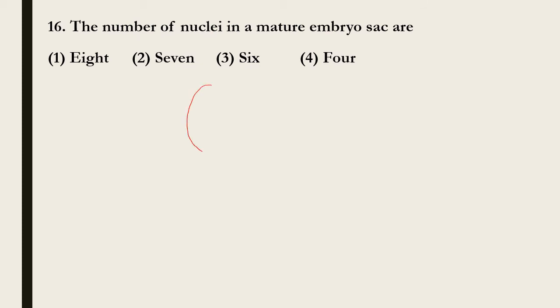This is an embryo sac, and we can find nearly four types of cells. Antipodal cells at the chalazal region, this is type 1. And the egg cell, this is another type.